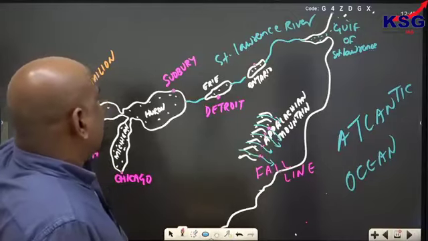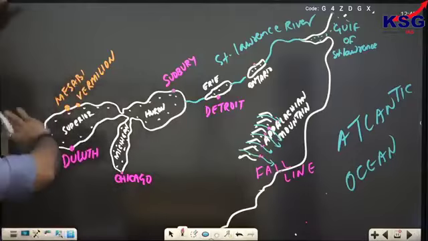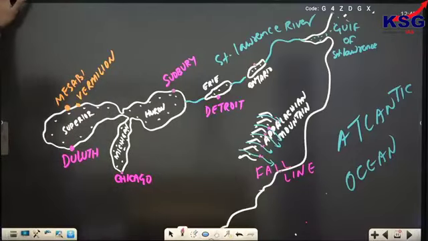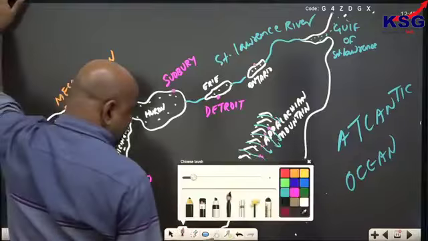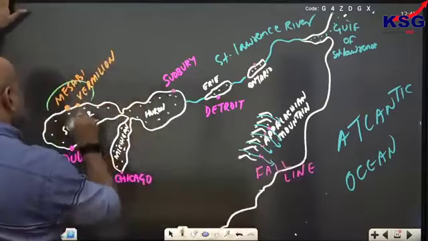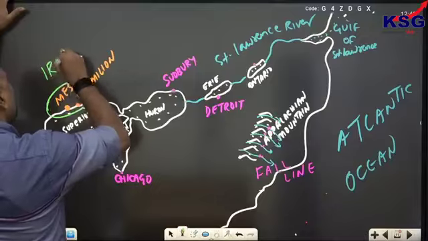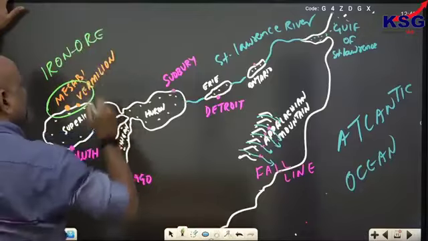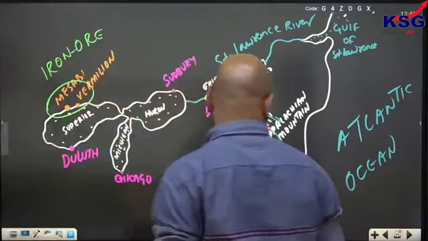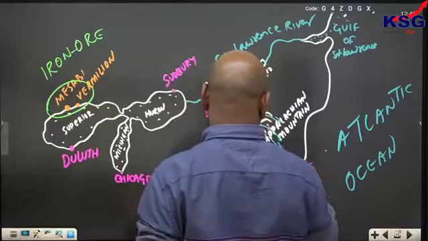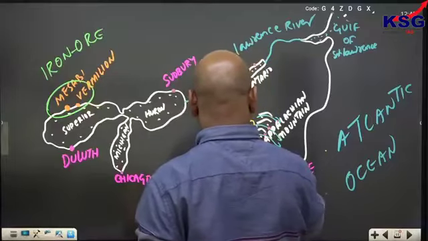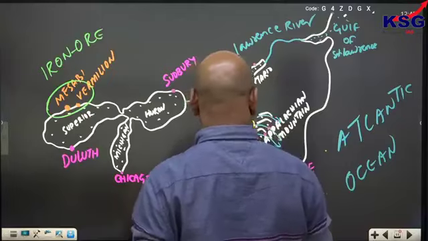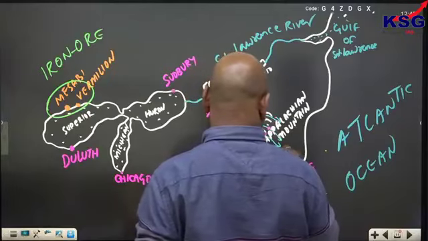I hope it is clear to all of you that in North America, this side you have Mesabi, Vermilion, Sudbury, Detroit, St. Lawrence. This is very rich in mineral resources. These Mesabi, Vermilion regions are rich in iron ore. This region here is known for coal, and the fall line is for electricity.